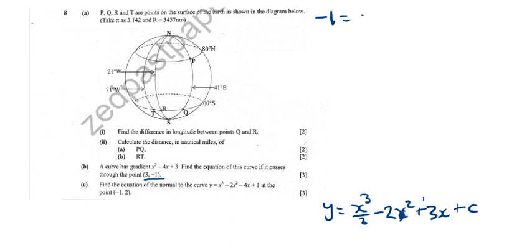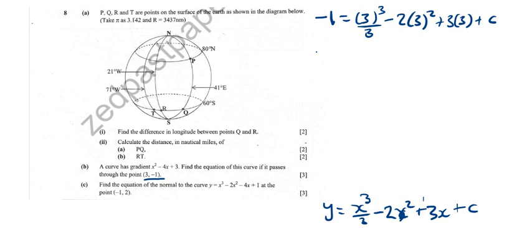So where there is y you put a negative 1 which is equals to, now x is 3. So you say 3 open bracket to the power 3 over 3 minus 2 open bracket 3 to the power 2, and you just end there, and then plus 3 open bracket 3 plus c.